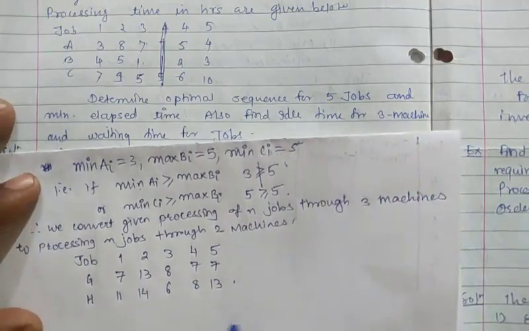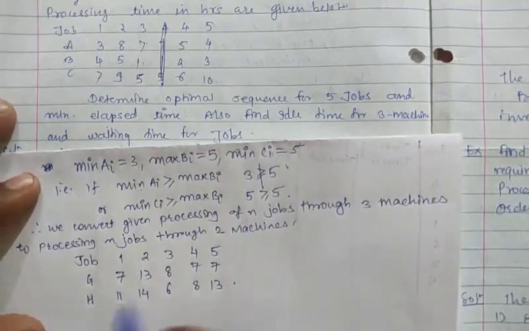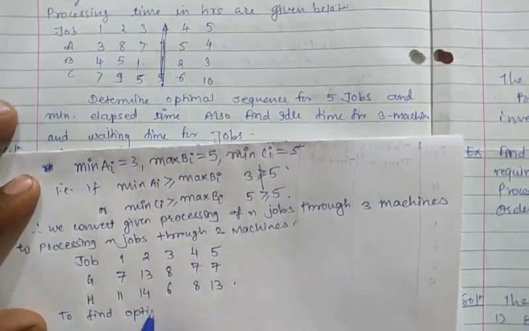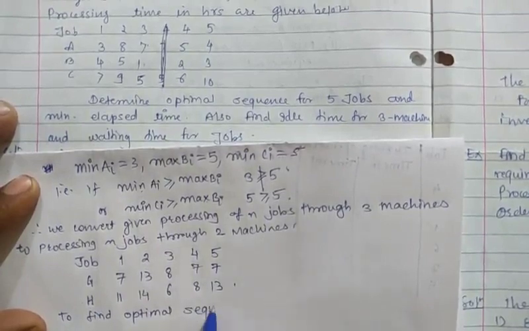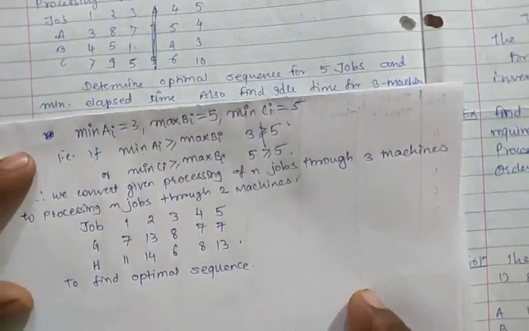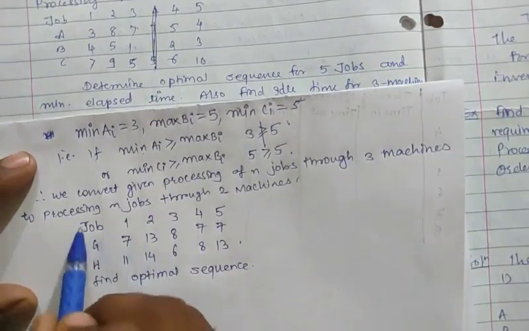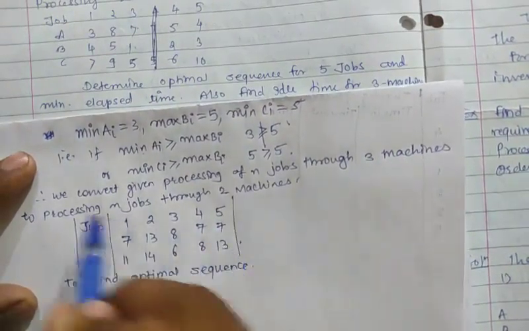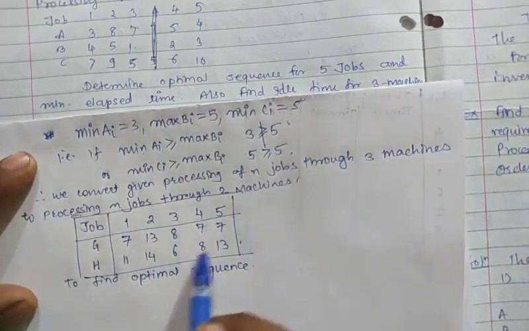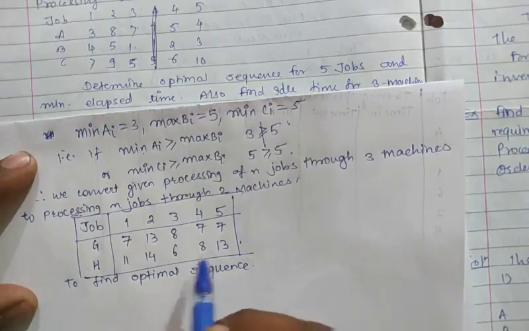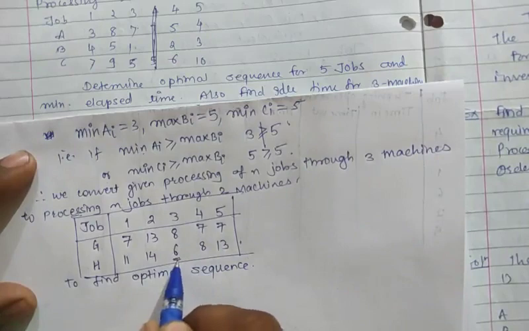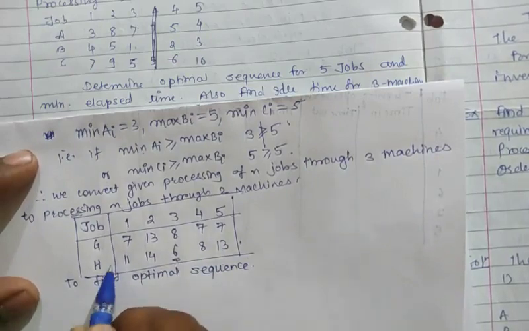Now we will find the optimal sequence. First, from this table, find the minimum value. Which one is the minimum value? Here in this table 6 is the minimum value, and this is for machine 2.